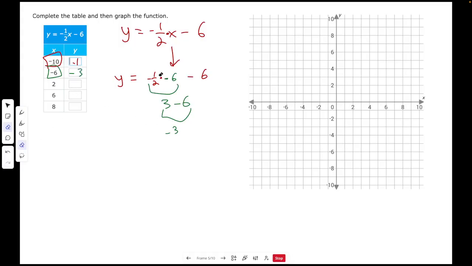And let's do the next one. All the way down the line, we plug in 2. -1/2 times 2 is -1. Minus 6 will give me -7.